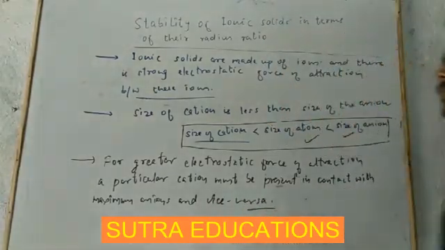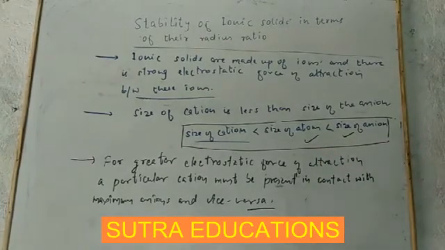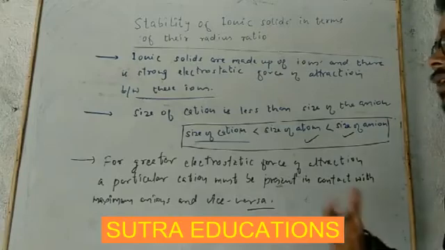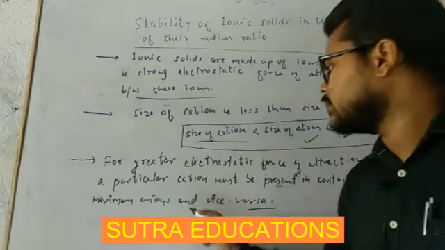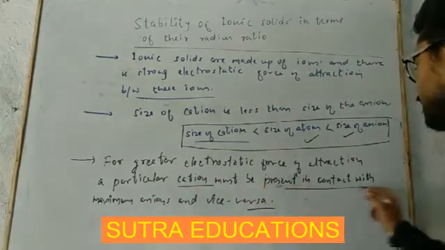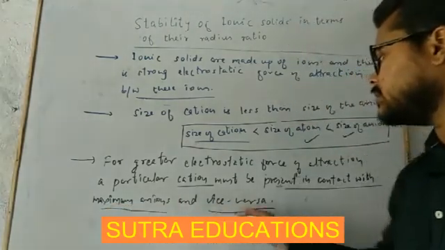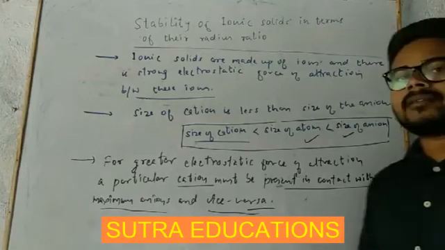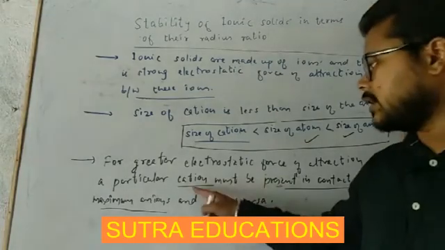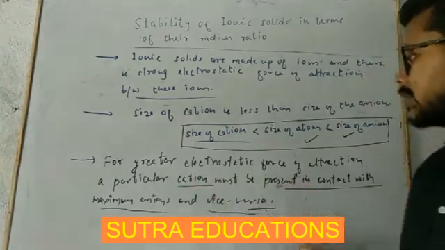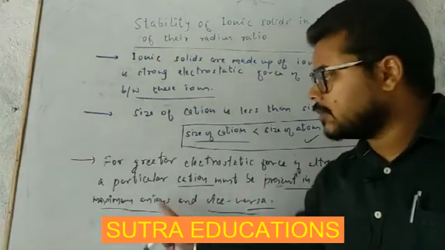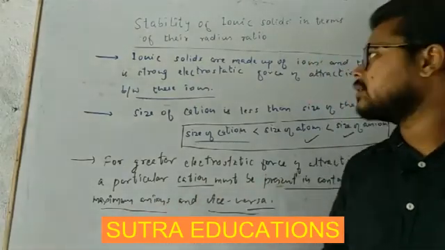Okay. For greater electrostatic force of attraction between the ions, a particular cation must be present in contact with maximum anions and vice versa. Means a particular anion must be present in contact with maximum cations. Okay, means like this.